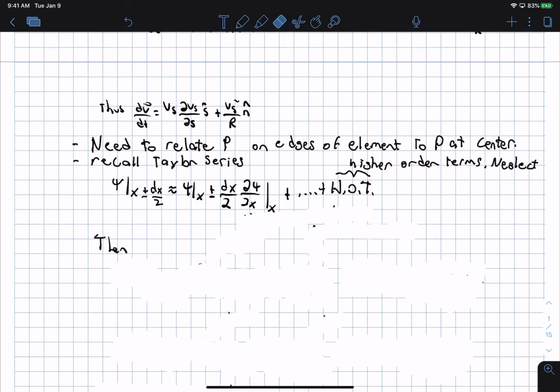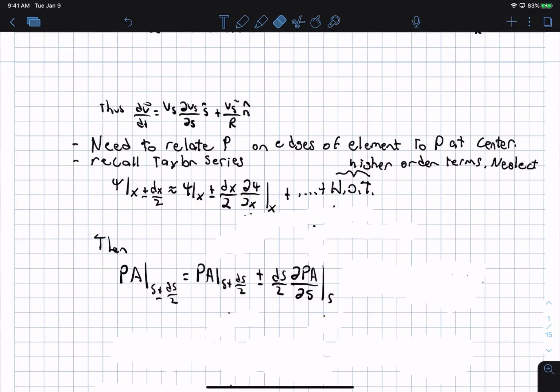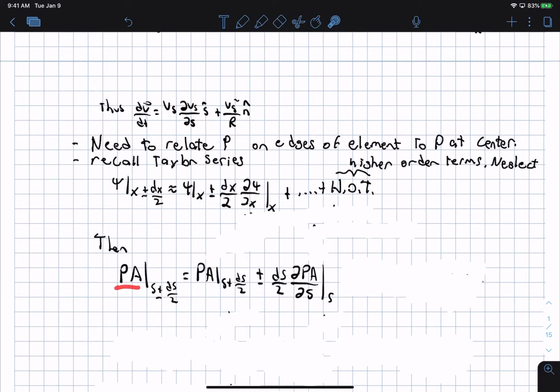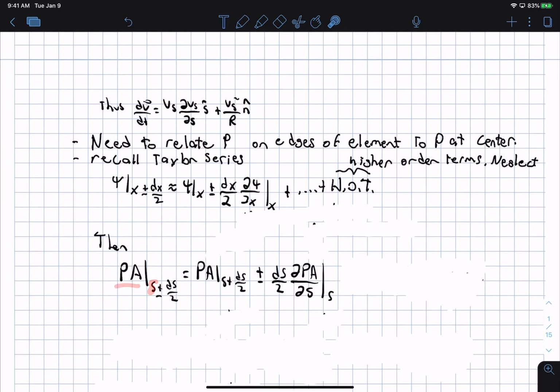the pressure at the edges in relation to the center of the fluid element. So we know that the pressure times the area evaluated at the center, plus or minus ds over 2, is equal to basically the same thing we have here for psi, but instead of pressure, it's pressure times the area.